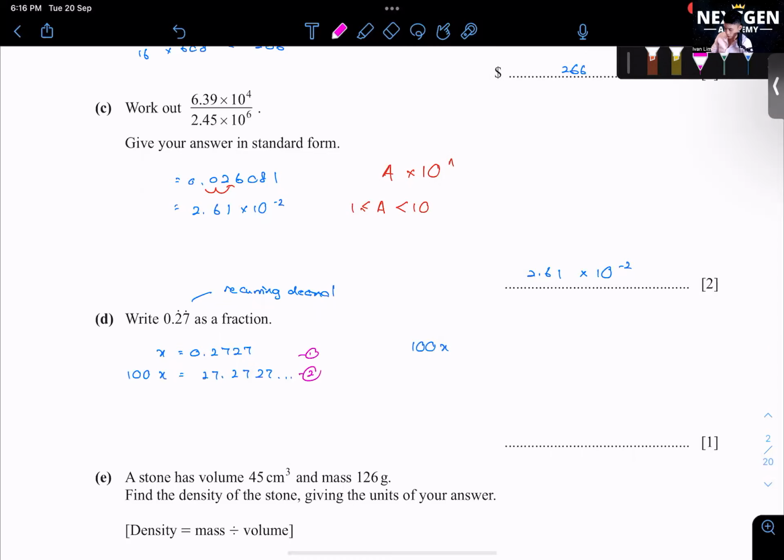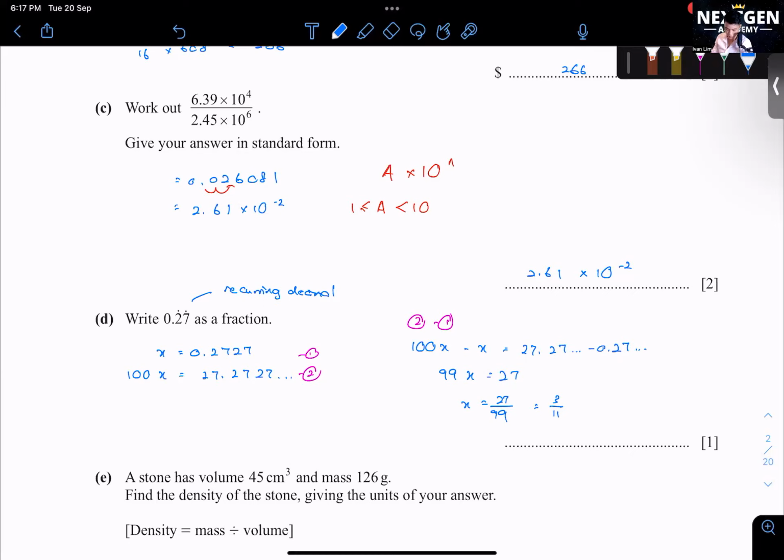Take equation 2 minus 1: 100x minus x equals 27.27... minus 0.27... You will get 99x equals 27, x equals 27 over 99. You can leave it like this, which is acceptable already, or 3 over 11.